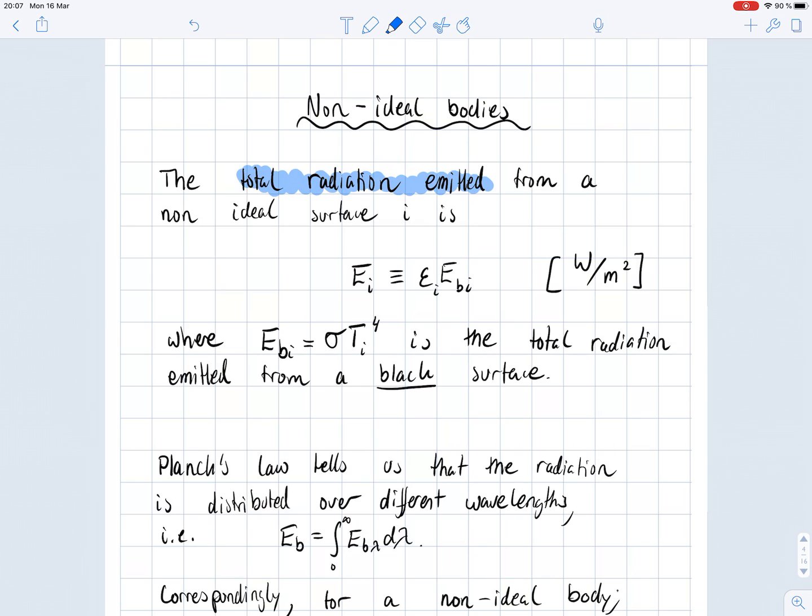And the total emitted radiation is EI, and that's given by epsilon I, which is the emissivity, times EBI. And EBI is simply sigma times the temperature of the surface to the power 4. And that's the total radiation emitted from a black surface with an equivalent temperature of Ti.